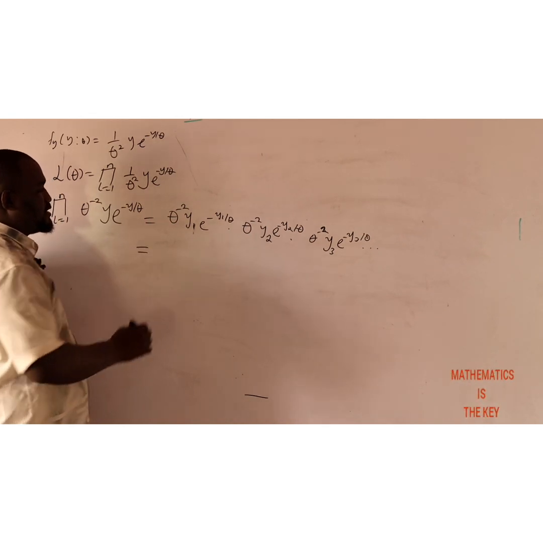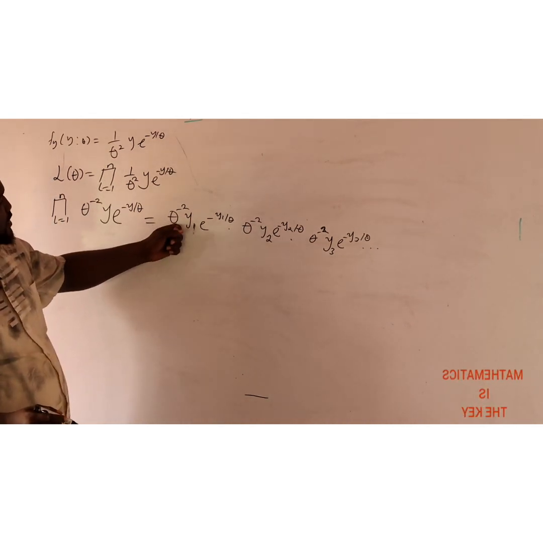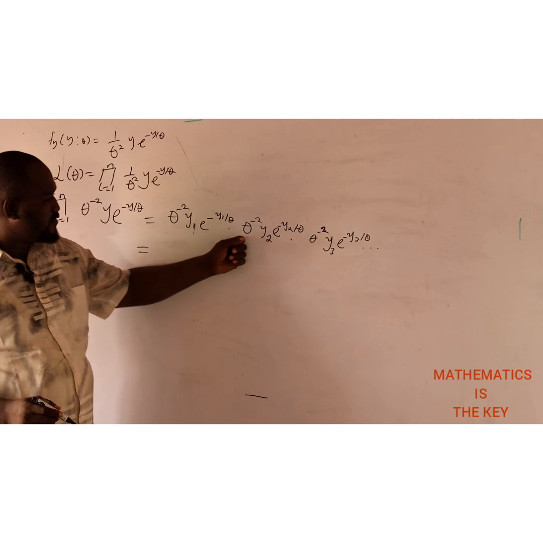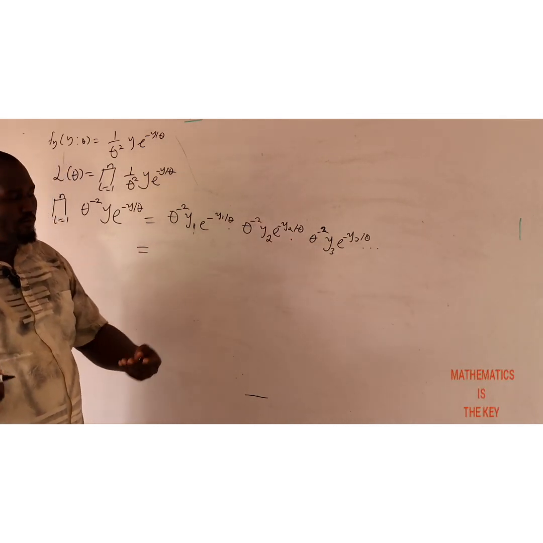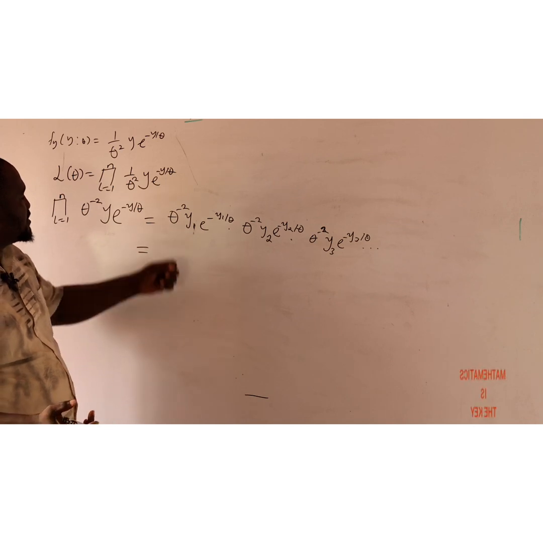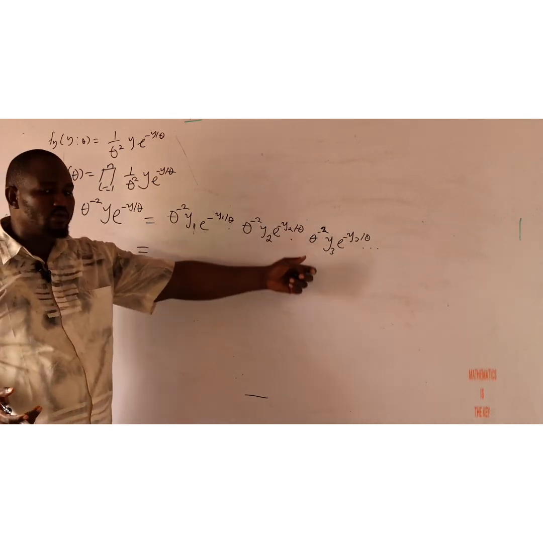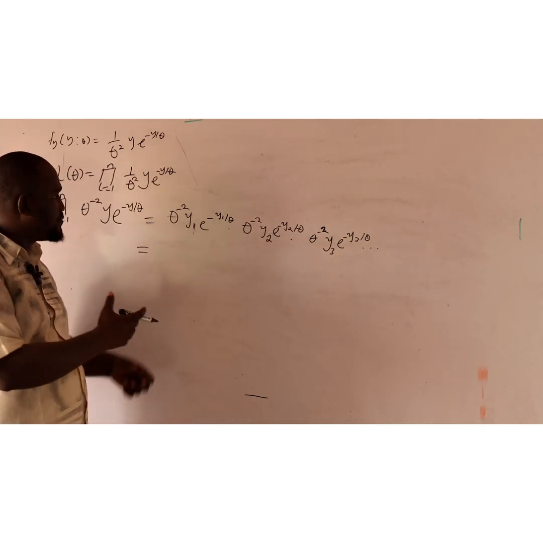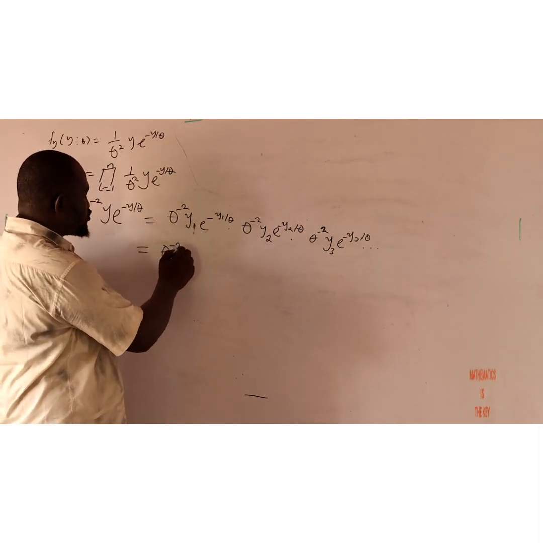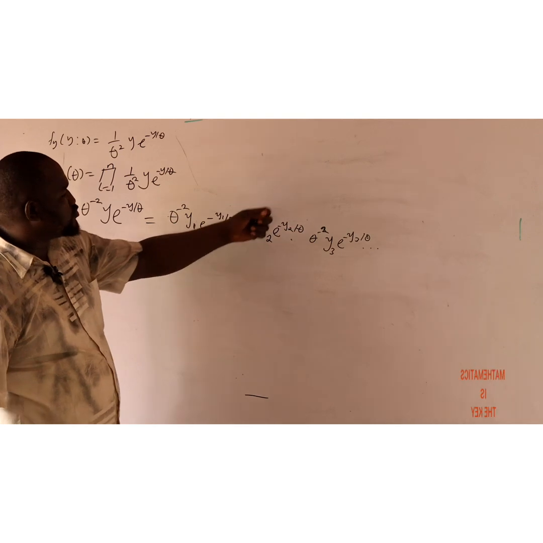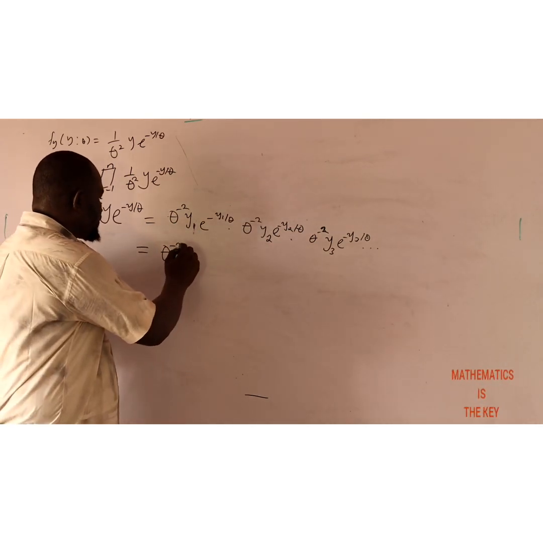So simplifying this, we are going to employ our knowledge of indices. They have the same base multiplying each other, which means you have to add the powers. So we'll have theta to the power of minus 2 minus 2 minus 2, which is minus 2n.